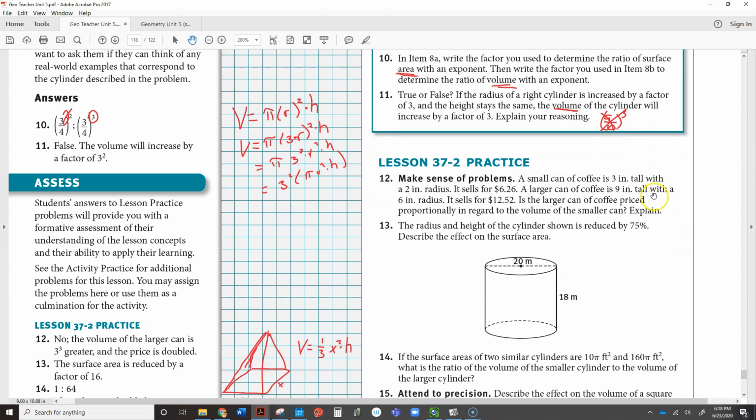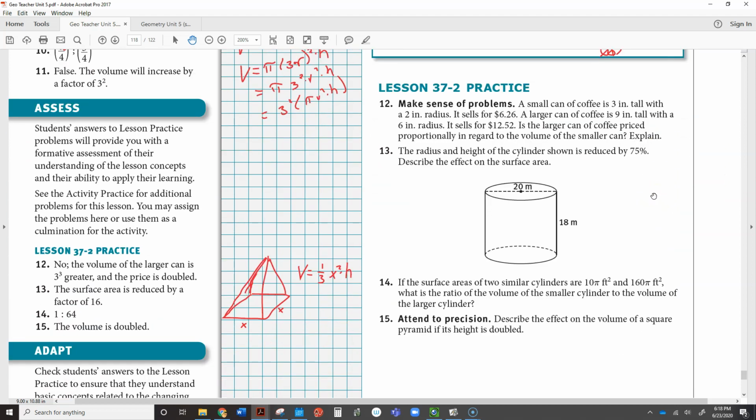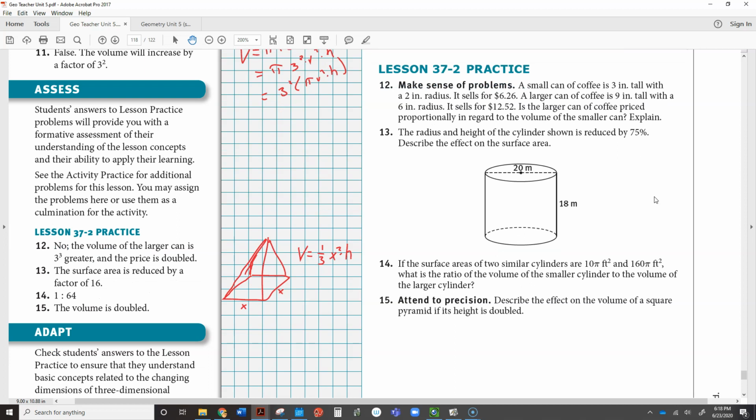Okay, so number 12. They want to know if the small coffee can is 3 inches tall with a radius of 2, and it sells for $6.26.